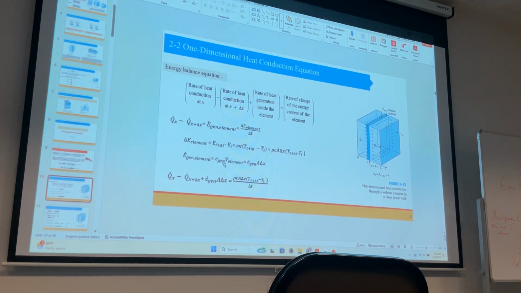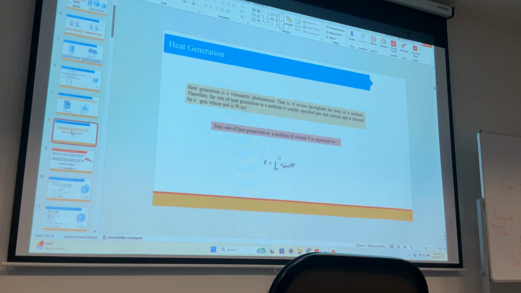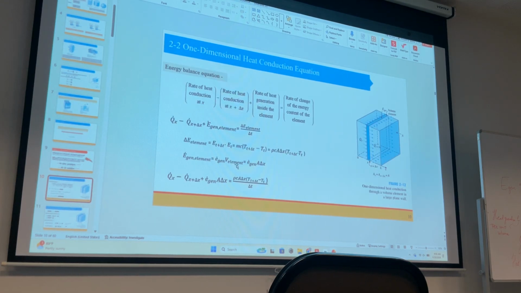This can be written as heat generation per unit volume, right from here. Then again input the formula for the volume. Then just input this value and this value here, del E element here. Just input the value here, input the value here.